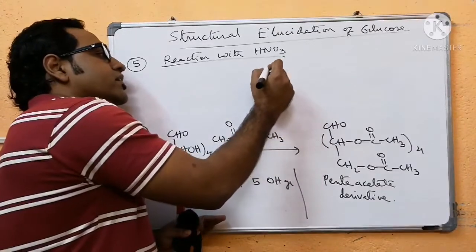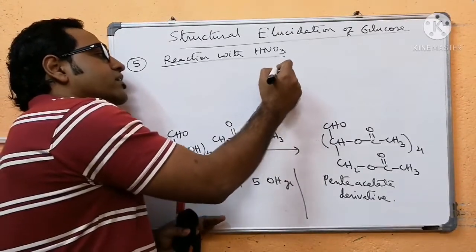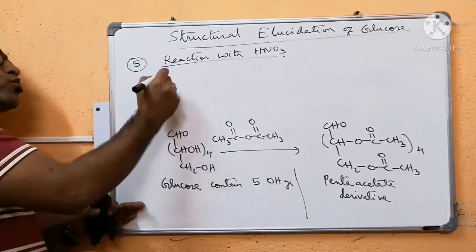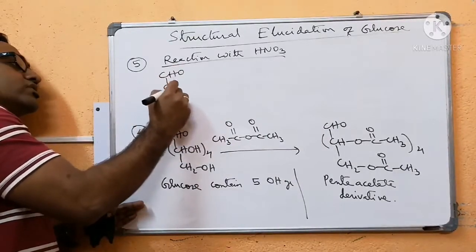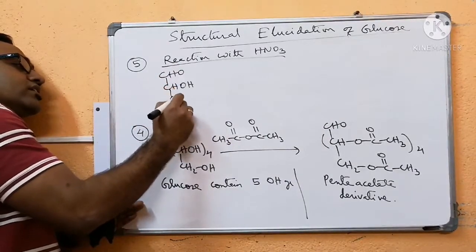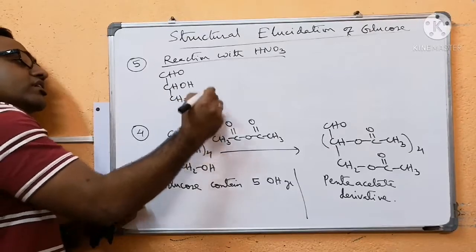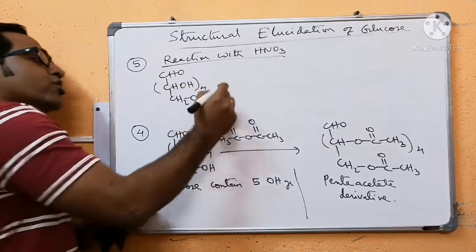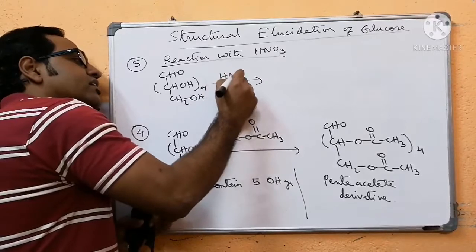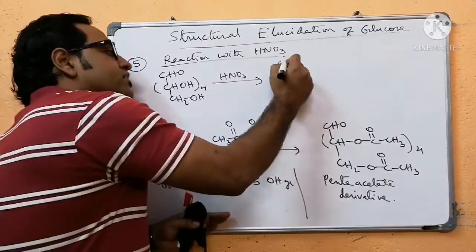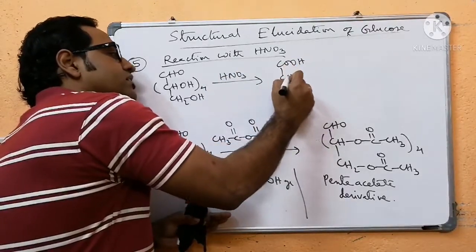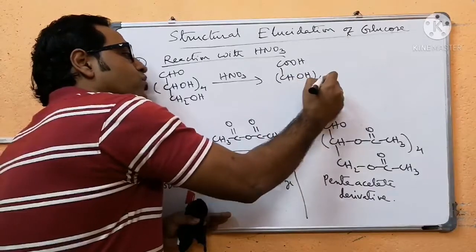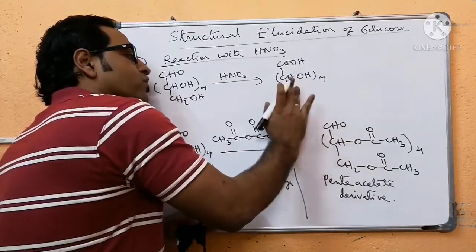See, if you are having say glucose, CHO, CHOH, CH2OH. This is whole 4. Add nitric acid, HNO3. You will get COOH, CHOH, whole 4, COOH.